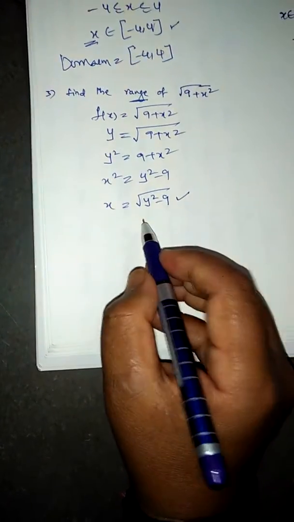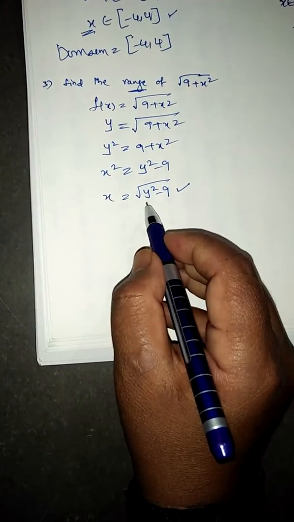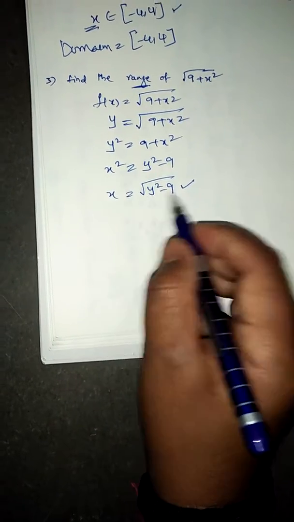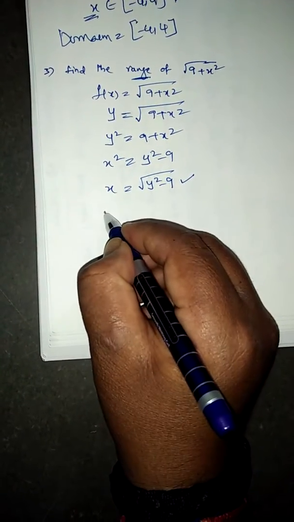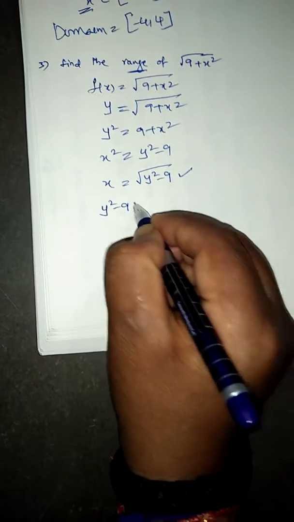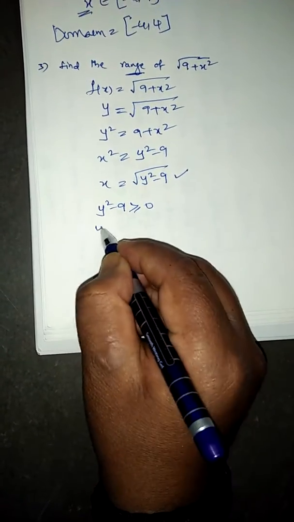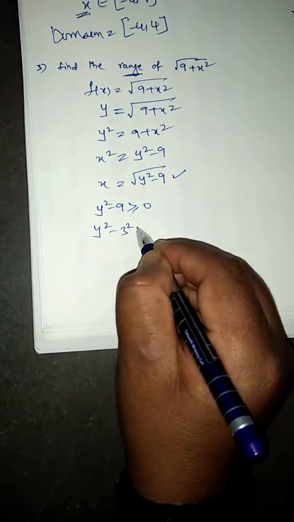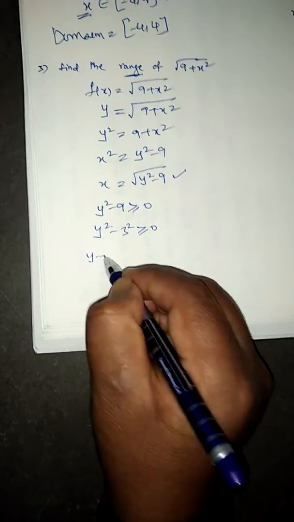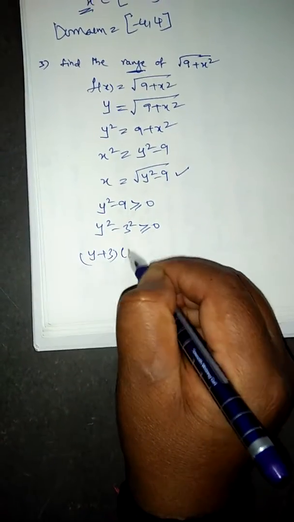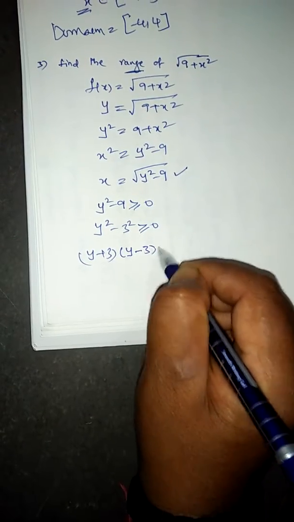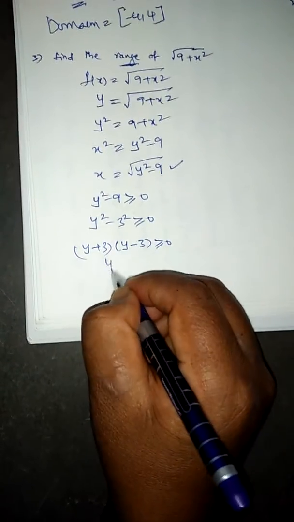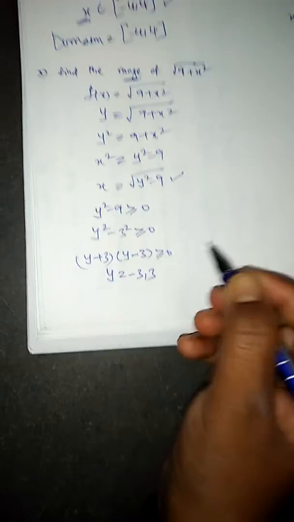Okay, the same property I have to use for this question. Under root of y square minus 9, it is a root function, so I can use y square minus 9 greater than or equal to 0. I can write y square minus 3 square greater than or equal to 0. (y plus 3)(y minus 3) greater than or equal to 0. The y values are minus 3 comma plus 3.